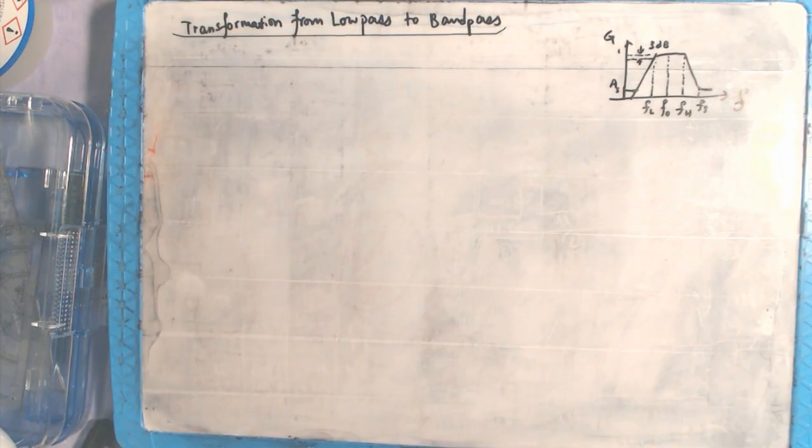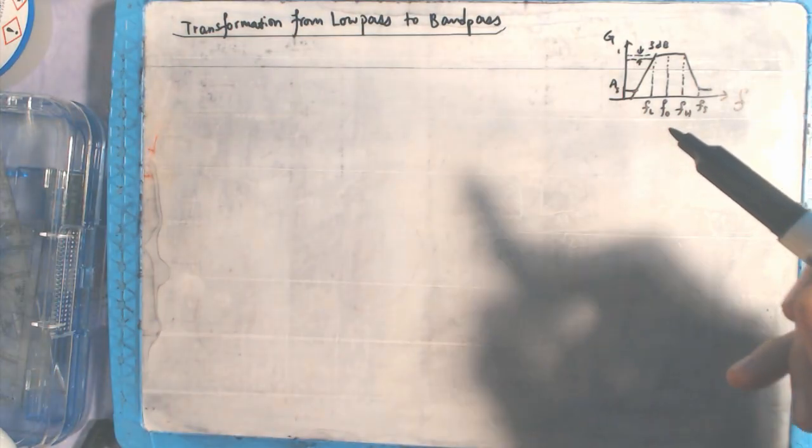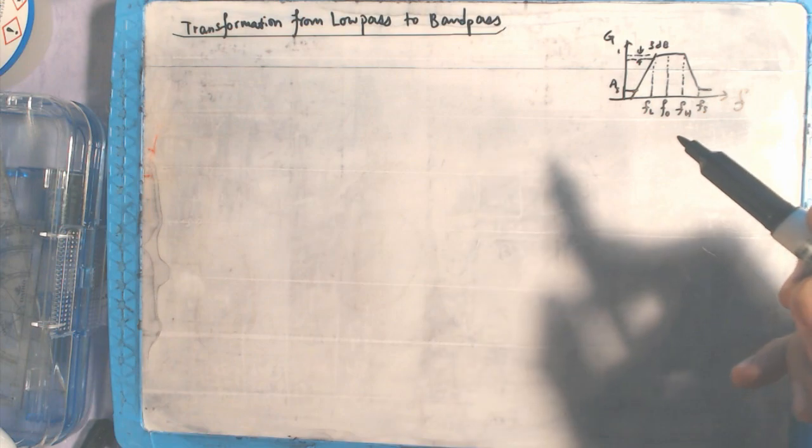how do we know the order of the filter? In a low pass filter, we already learned the formula.